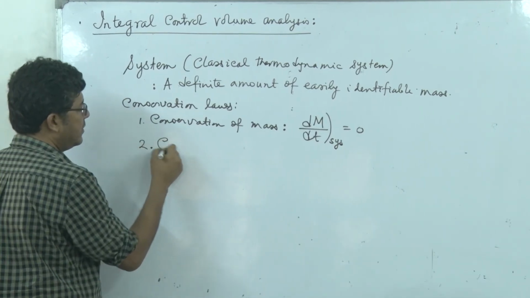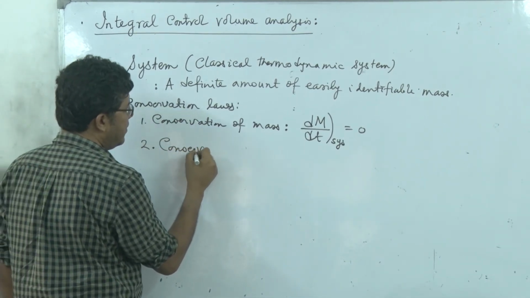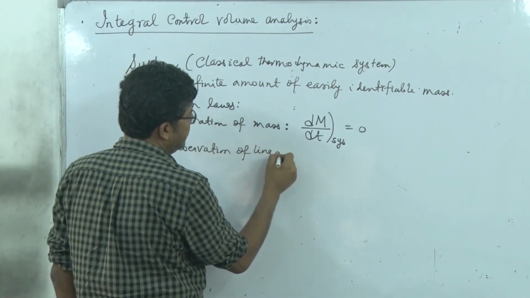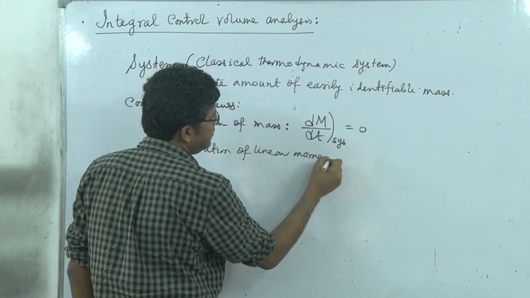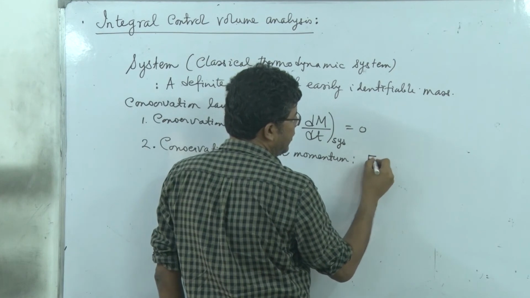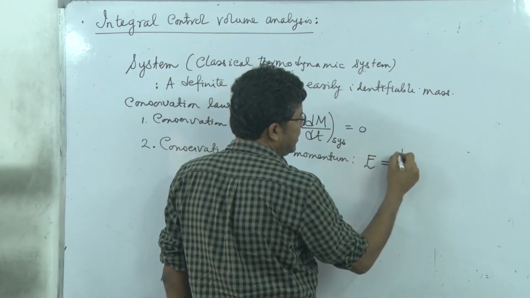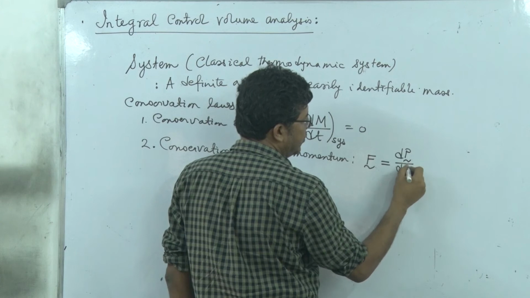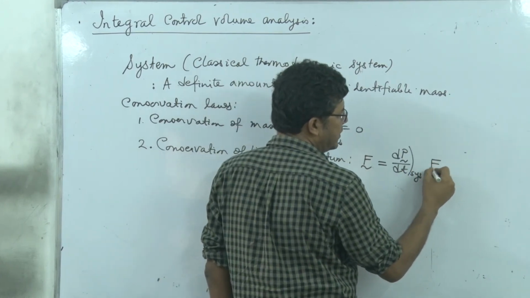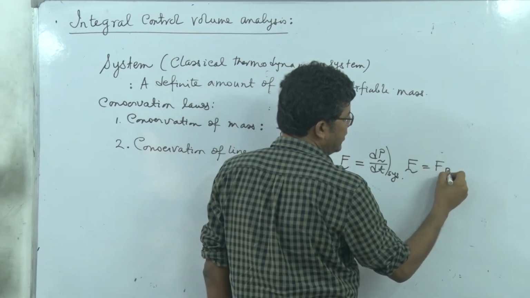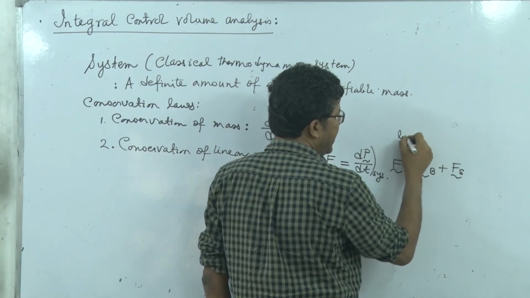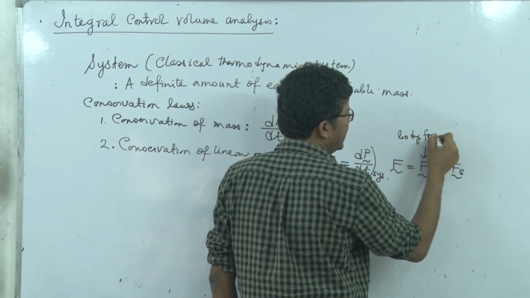Second, conservation of linear momentum. What is that? The total force being applied on a system is equal to the rate of change of total momentum of the system. And the total force in fluid mechanics, we can write as the sum of body force and surface force. So what is body force?